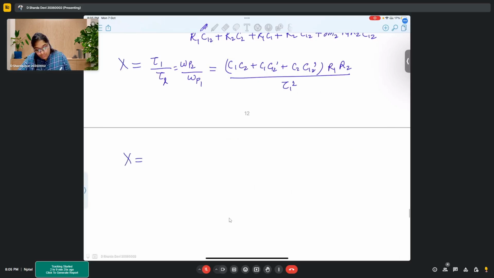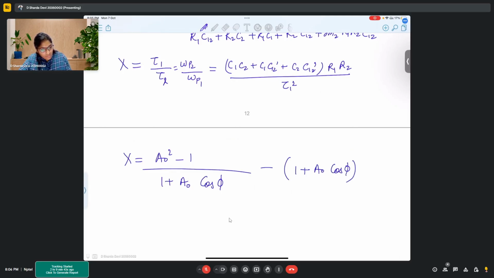And we know that the ratio of poles from the previous problem, we have used the formula A naught square minus 1 by 1 plus A naught cos phi minus 1 plus A naught cos phi.